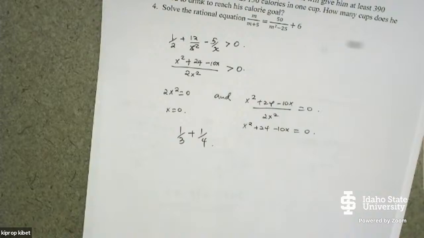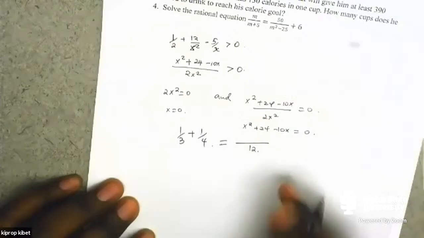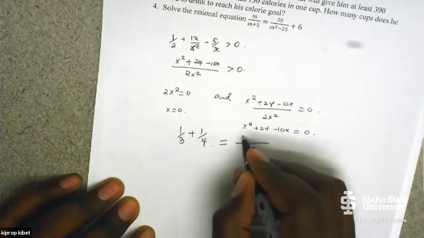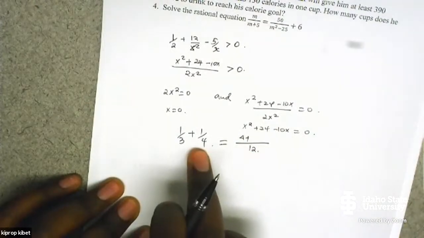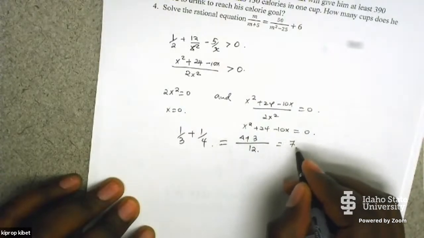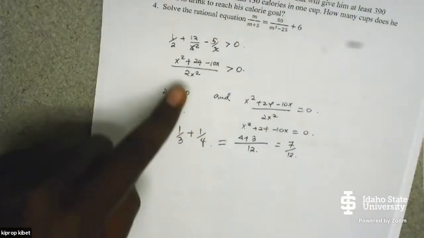And our least common factor in the denominator is 12. So 12 divided by 3 is 4, plus 12 divided by 4 is 3, and this is equal to 7 over 12. So it is similar to this.